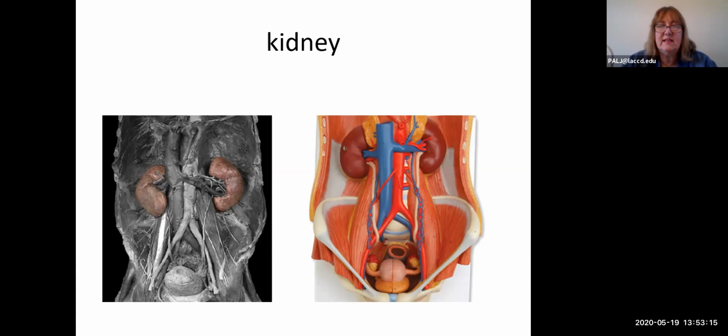Looking at the kidney, it looks kind of like a bean or a kidney bean. And what you notice is that all the structures are going in and out of the medial aspect of each kidney, whether on the model or whether on the actual cadaver picture. There's nothing coming out of the lateral aspects.